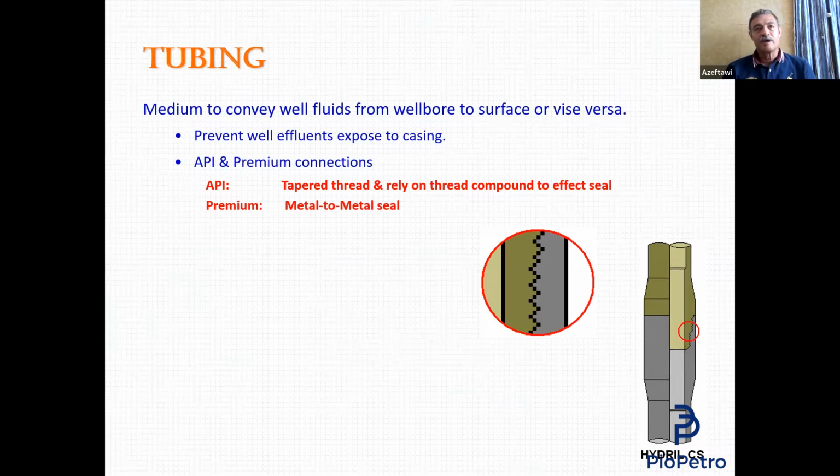We have some other threads, like Acme threads, which we connect by hand. We don't use a spanner to tighten because the thread doesn't make the seal. What makes the seal is this piece, the O-ring. The O-ring is the device that makes the seal. Back to the premium thread like NPT, what makes the seal is the thread.